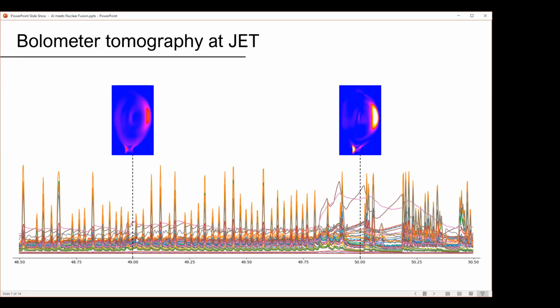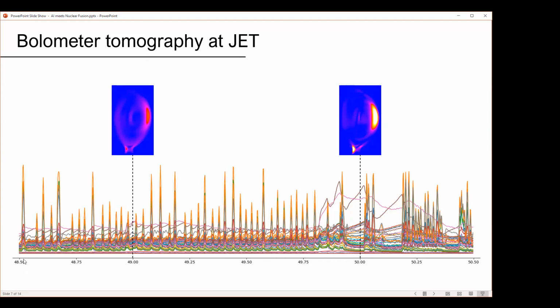And the fact is that it takes a bit of computational effort to compute the radiation profile at any given point in time. Okay, so if you use standard techniques to reconstruct the radiation profile, it could easily take a few minutes to compute it. As you're seeing here below, this is in seconds. So we are at 48.5 seconds in the experiment.